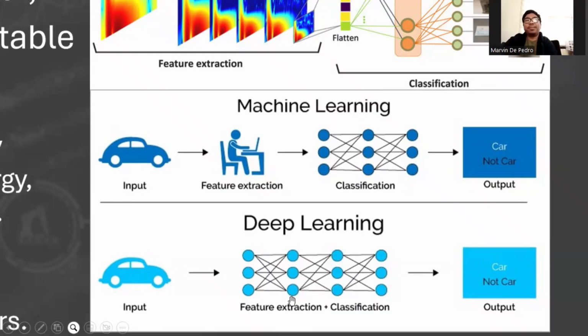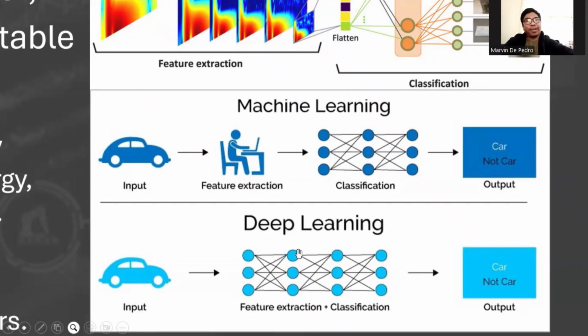One of the main hidden layers that we can add is the feature extraction. In traditional machine learning, feature extraction is done manually. You have to identify manually what's the pitch, what's the energy of your audio, or what are the details of the images, the edges of your image. You have to manually extract those features. But in deep learning, there's a layer already that does that for you automatically.